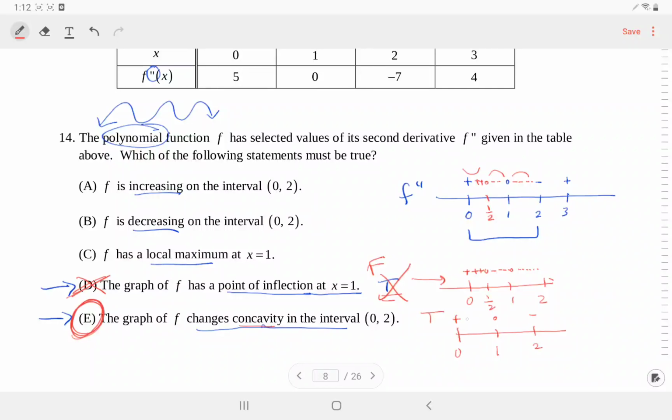It's a polynomial, so it can't be a horizontal line. It can't have positive concavity in some places and then have horizontal lines somewhere else. So at some point, this would have to go to 0, and then it's all minus. But this would be a point of inflection, and that would be in the interval from 0 to 2. So I'm convinced it's E.